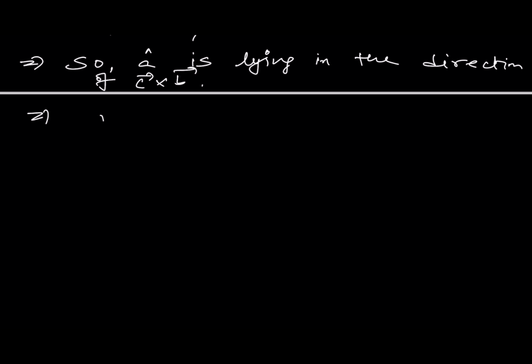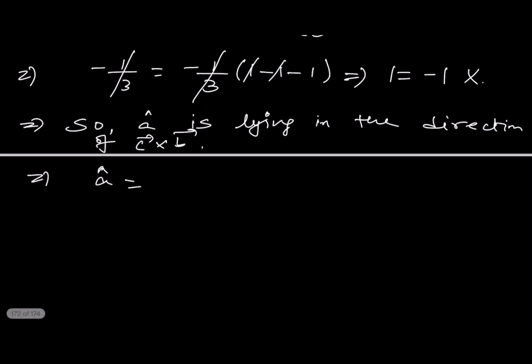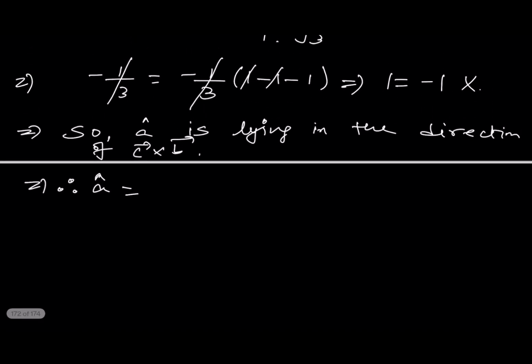So we have to change the sign of a cap. So a cap is 1 by root 3 times i cap minus j cap minus k cap, right?